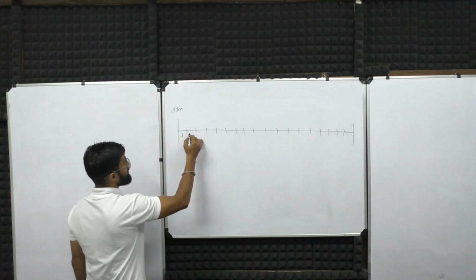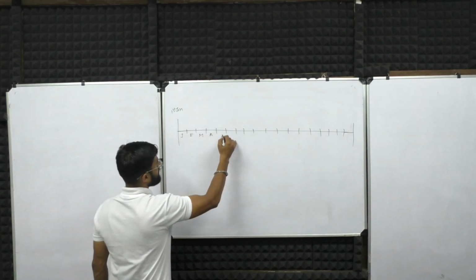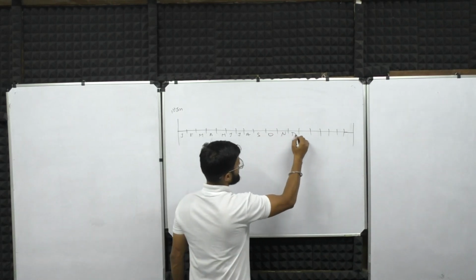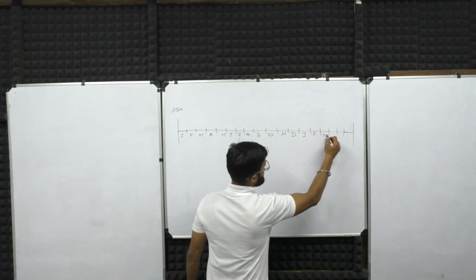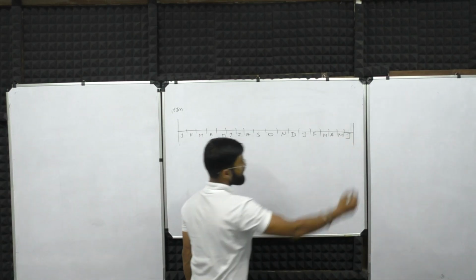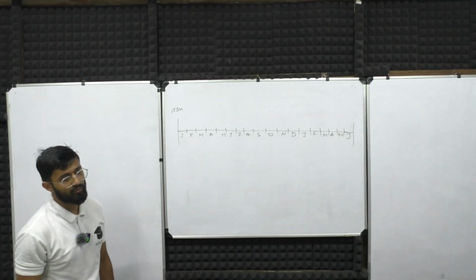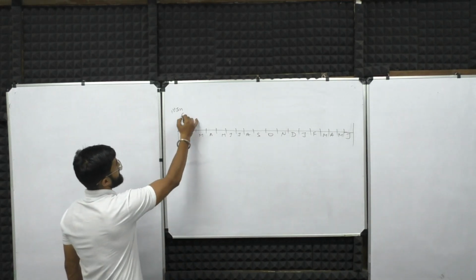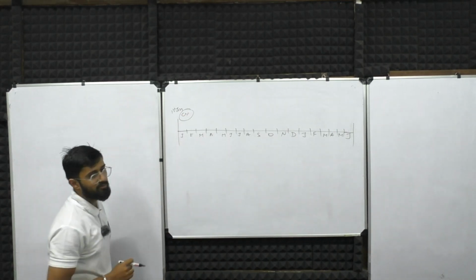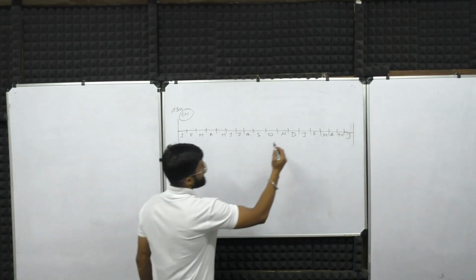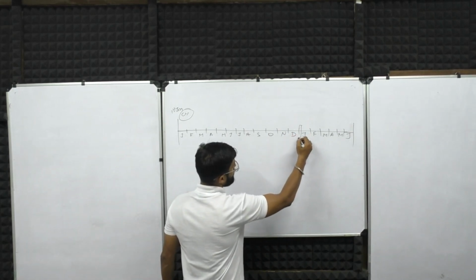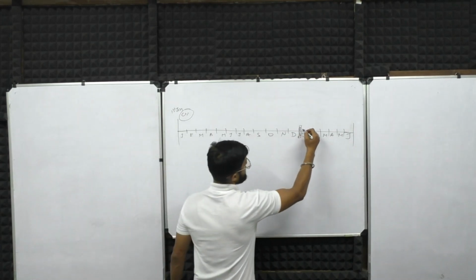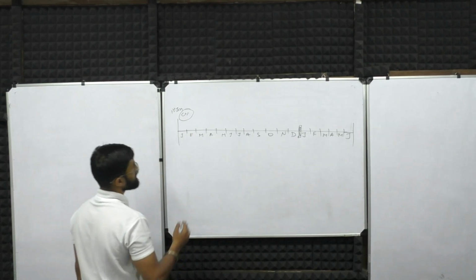The calendar year: the year will start from first January and it will end on 31st December. And the next day will be the next year. So that is 12 months.